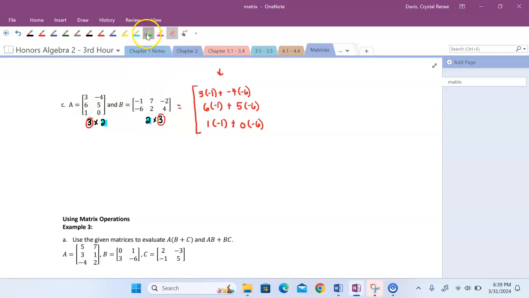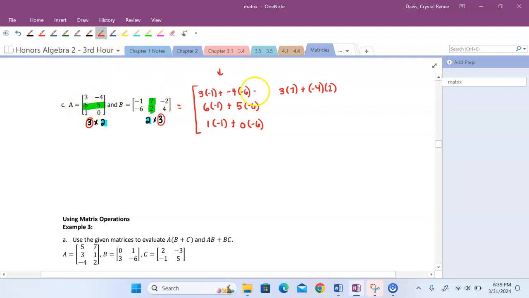Now I've taken care of my first column in the second matrix. So now I'm going to look at my second column. I want to multiply it by my first row first. So 3 times 7 plus -4 times 2. Then I'm going to go to my second row of my first matrix.